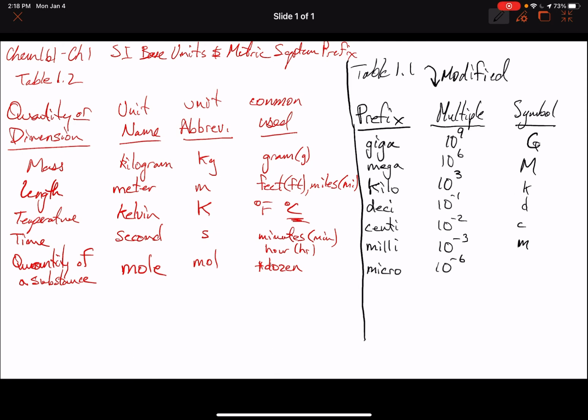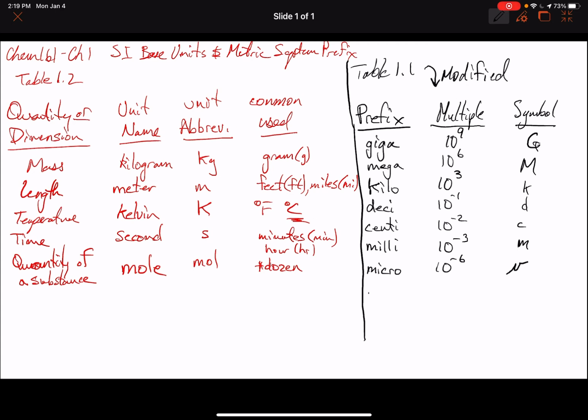And here we have a newer symbol that we have to memorize, which is mu. It looks like a U, except it's asymmetric. The tail at left is sort of longer, and the tail at right is more horizontal than we would see in U. So this is symbol mu to represent micro with a multiple of 10 to the minus 6.